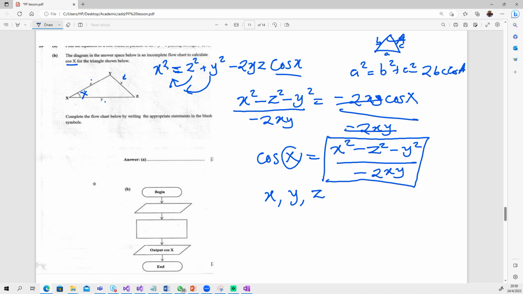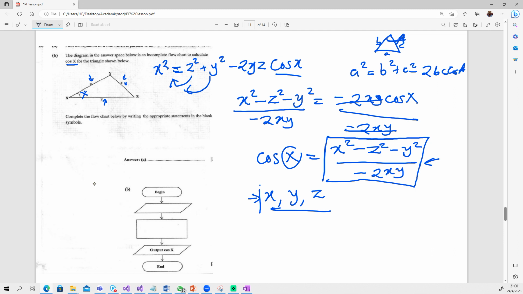So if you want to find the cos of this angle x, all you have to know is how long is this side x, how long is the side y, and how long is this side z. If someone enters these values, then I can use this formula to find the value of cos x.